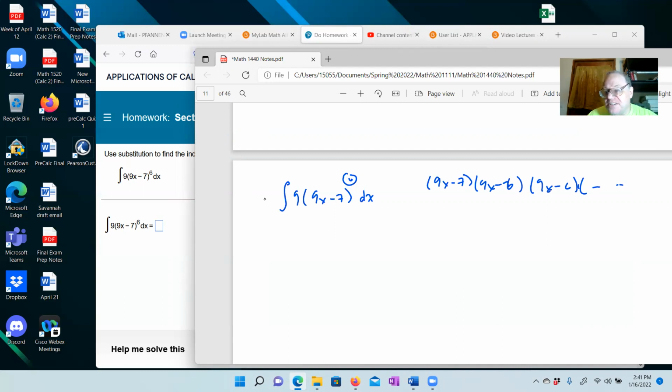Who has time for this? We're not going to do it that way. That's ridiculous. So why don't we let u equal 9x minus 7, du equals 9 dx.